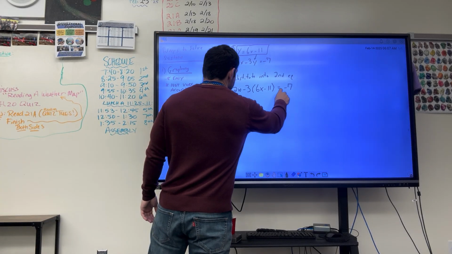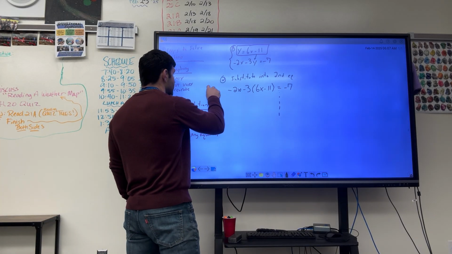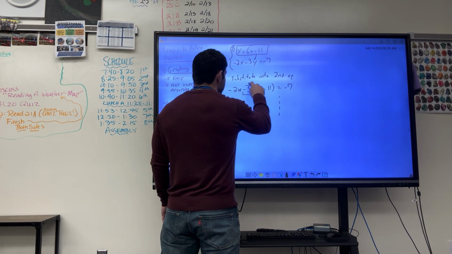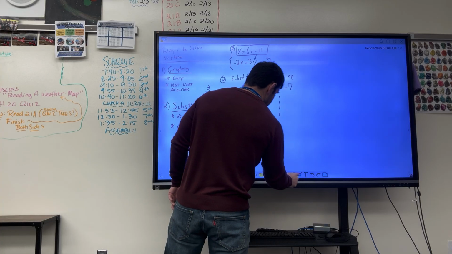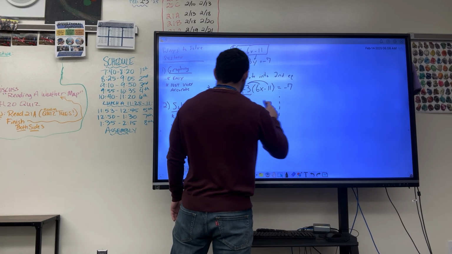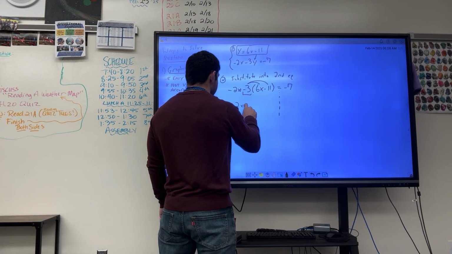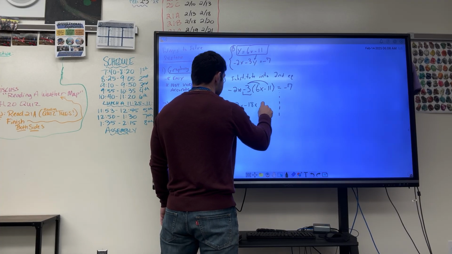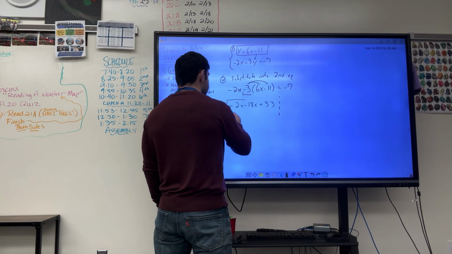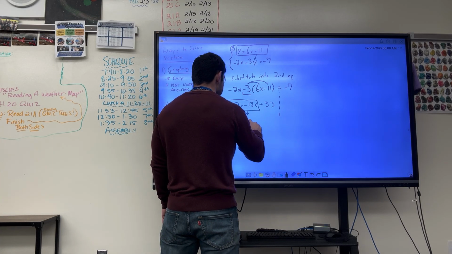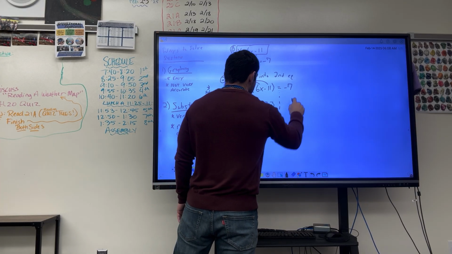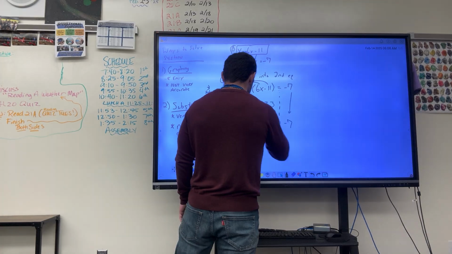So step three is solve. So I'm going to distribute. I'm going to change colors here. So now I have negative 2x minus 18x plus 33. Combine like terms on the same side. That gives me negative 20x plus 33 equals negative 7.